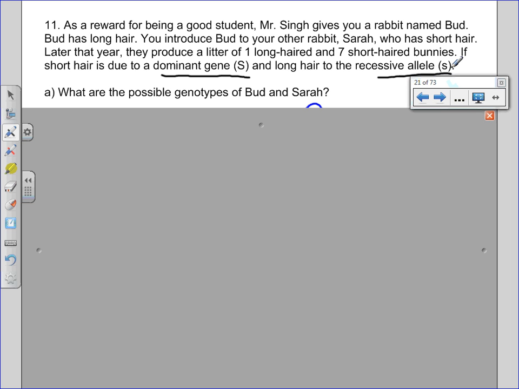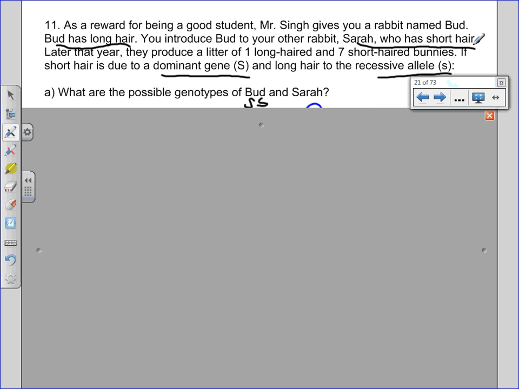It says Bud has long hair. So if long hair is recessive, Bud must be little s, little s. Does that make sense? Yeah, okay. So Sarah has short hair, but let's see. In their offspring, they're able to have at least 1 long-haired baby.